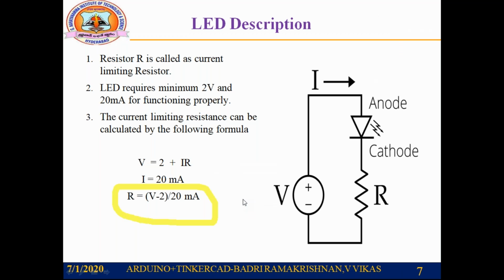V is 4.58. How much are you getting? 129. Okay.